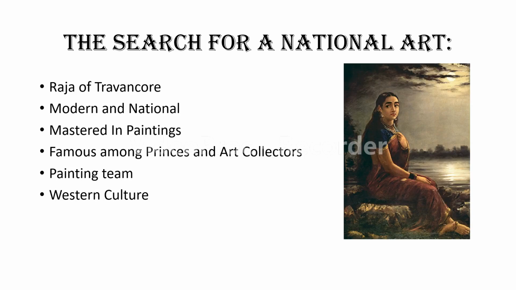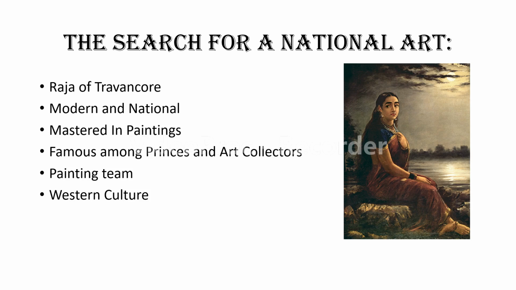The search for the national art. Raja Ravi Varma belonged to the family of the Maharajas of Travancore in Kerala and was addressed as Raja. He tried to create a style that was both modern and national.